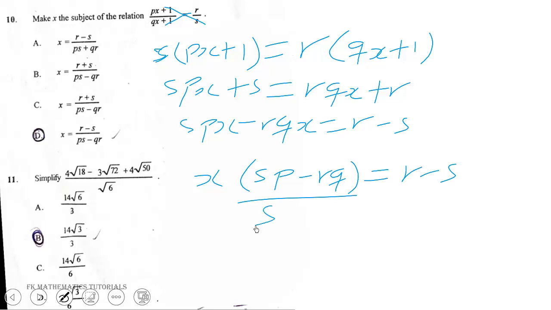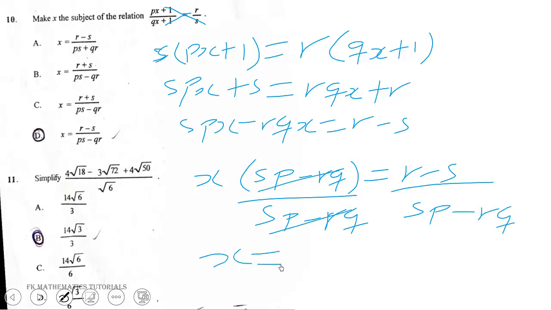So dividing both sides by sp - rq, we have x equal to (r - s)/(sp - rq), or (r - s)/(ps - rq), which is that.